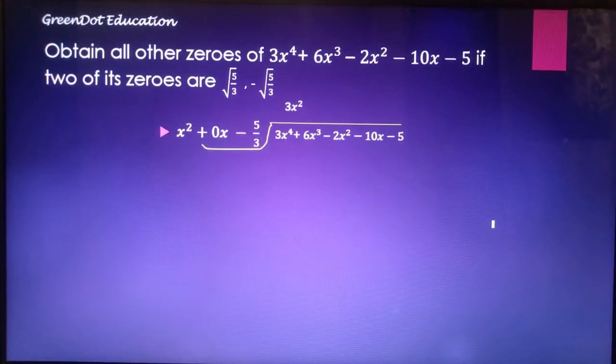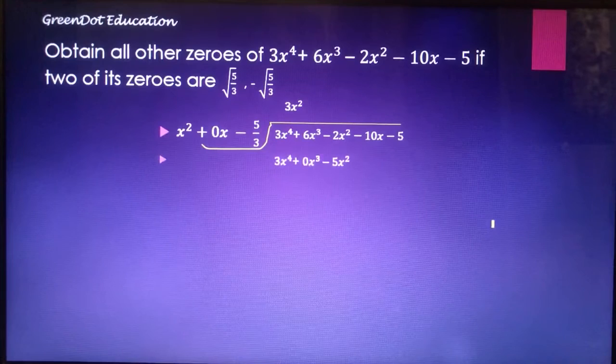So using this first term of the quotient, we multiply it with the divisor and obtain the term that we will subtract from the dividend. On multiplying 3x squared with x squared, we get 3x to the power of 4.